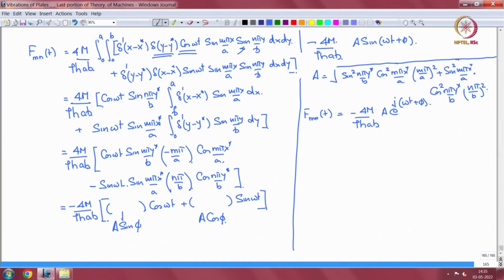Okay. So then my gamma tilde mn is equal to f mn, minus 4m by rho h ab A e to the power of j phi, into e to the power of j omega t.